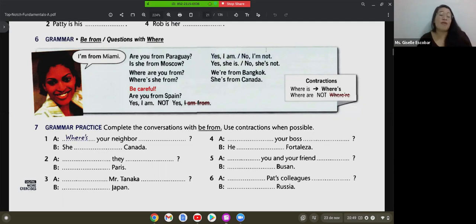Es raro que vayan a encontrar a alguien que le vaya a decir, no, I'm not, I'm from Los Ángeles. Siempre buscan palabras cortas, siempre buscan acortar las oraciones. Por eso las contractions, que también se utilizan al hablar. I'm not. She's from Canada.